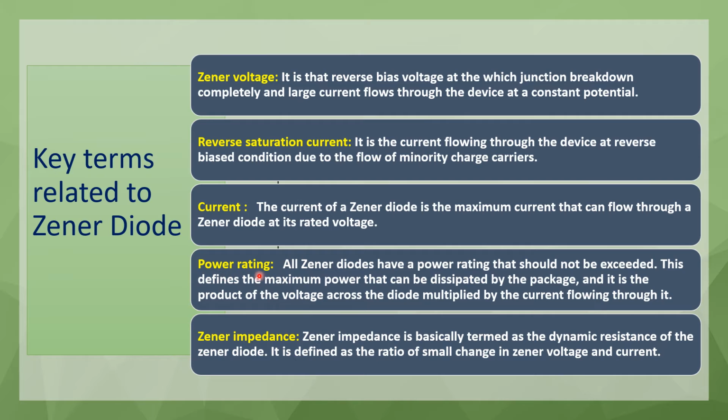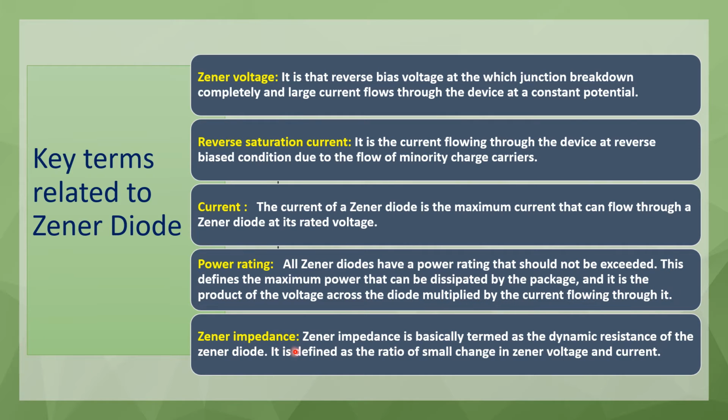Next, power rating. All Zener diodes have a power rating that should not be exceeded. This defines the maximum power that can be dissipated by the package, and it is the product of the voltage across the diode multiplied by the current flowing through it.